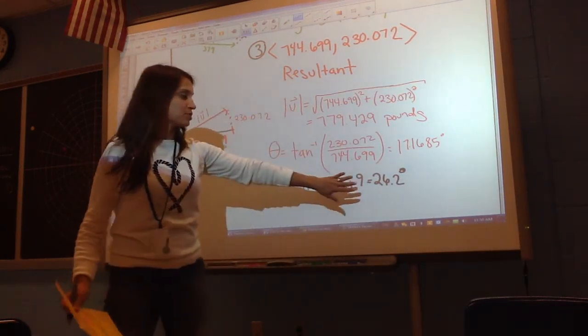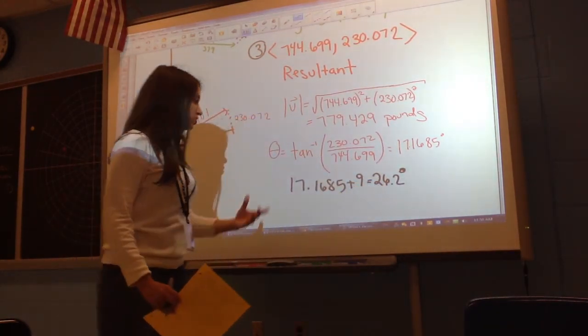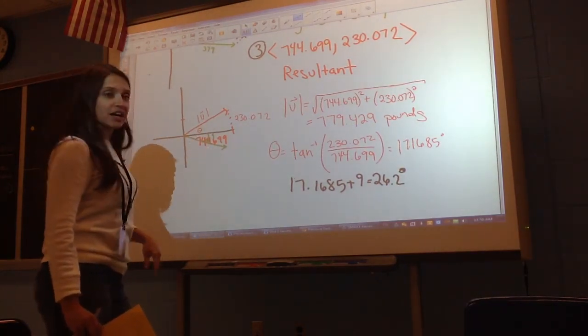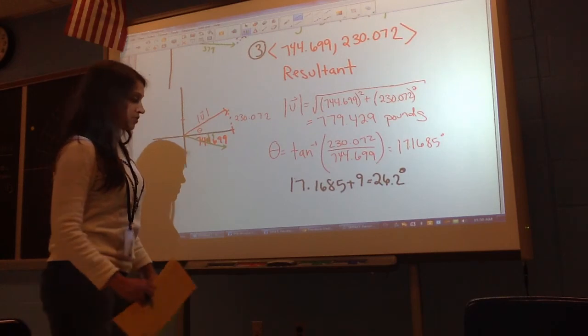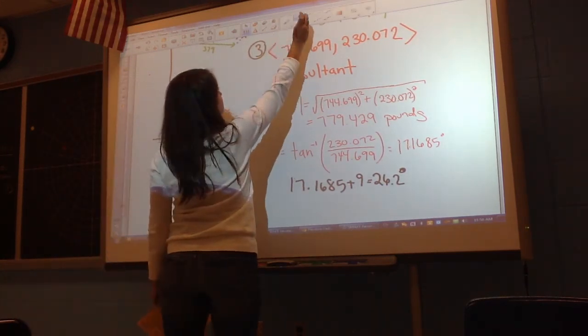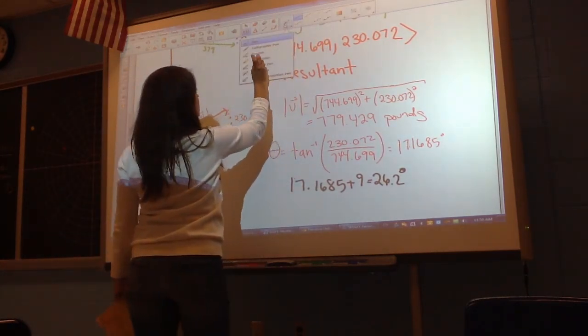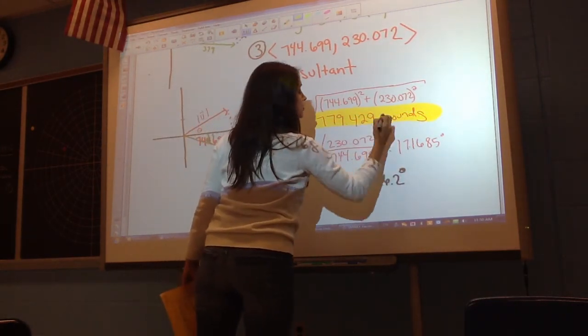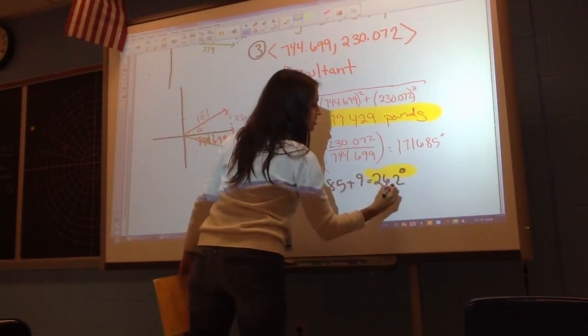That is 26.2 degrees between the resultant vector and the vector that had a force of 379 pounds. So my final answer, here's my magnitude, and here's the requested direction.